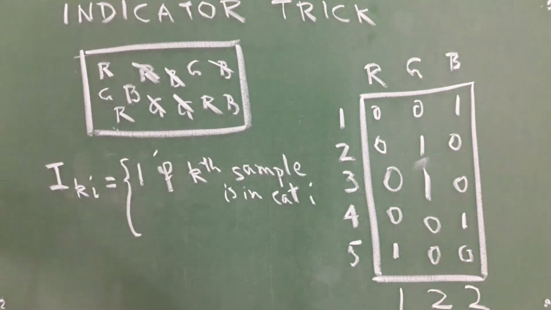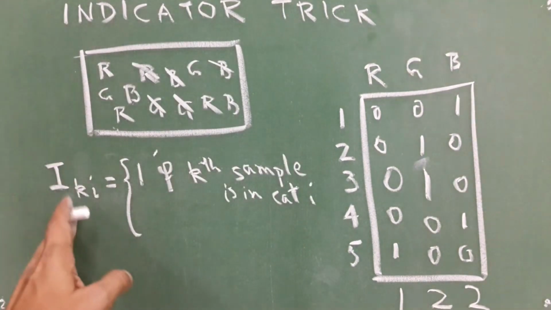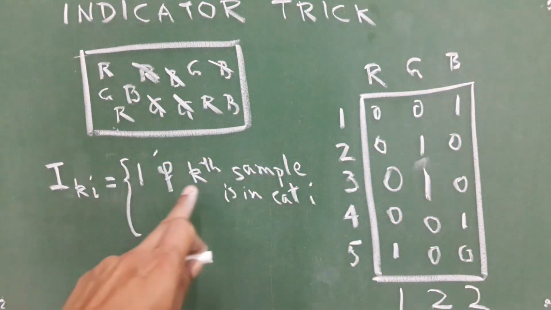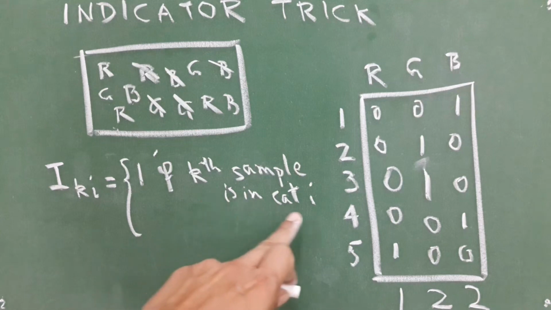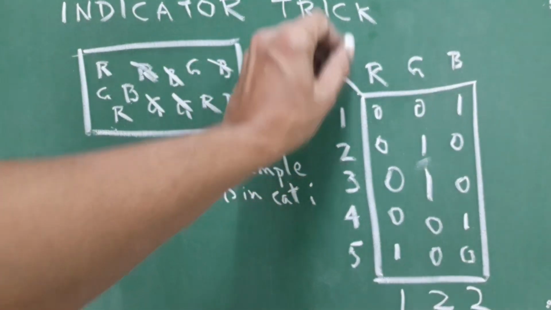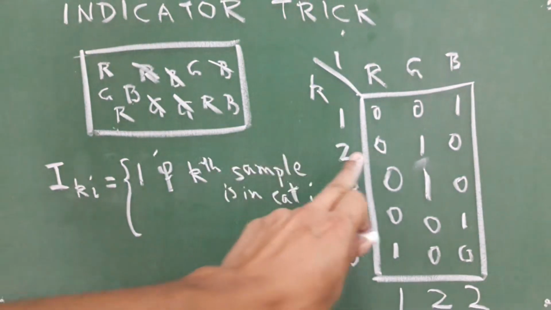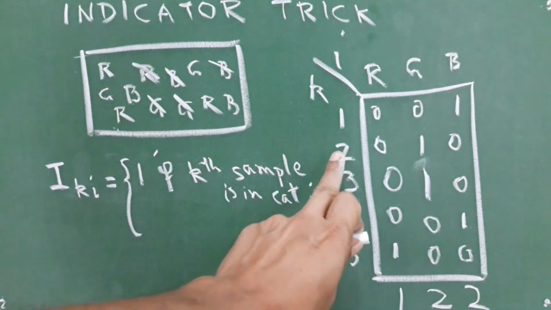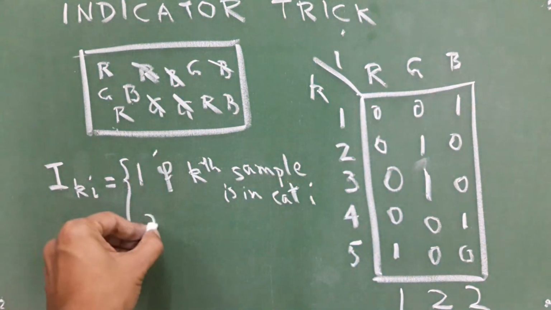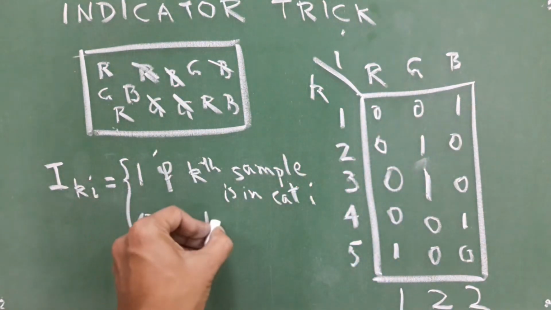I shall define Iki, so that is the entries of these matrices, as 1 if the kth sample is in category i. So these are my k's and these are my i's. So this one is 1 because the second sample was green and I will define it to be 0 otherwise.